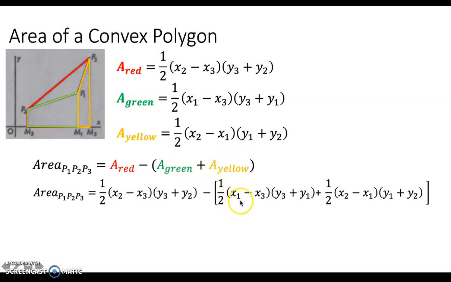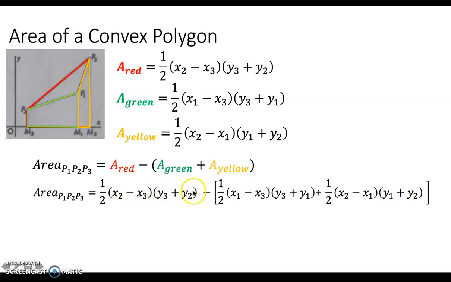For the green one, we have 1/2 times the quantity of x sub 1 minus x sub 3 times the quantity of y sub 3 plus y sub 1, plus 1/2 times the quantity of x sub 2 minus x sub 1 times the quantity of y sub 1 plus y sub 2.